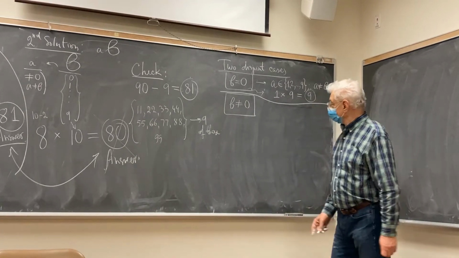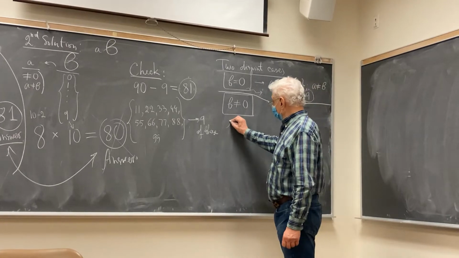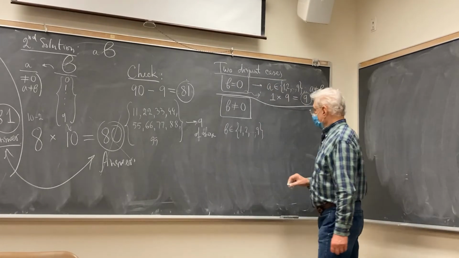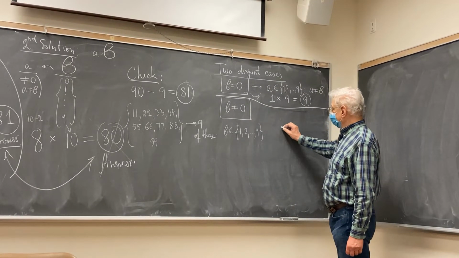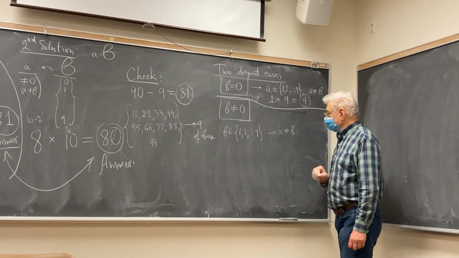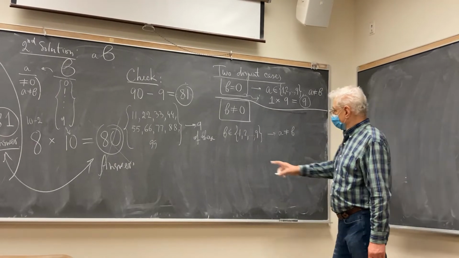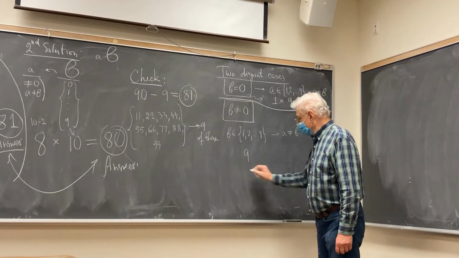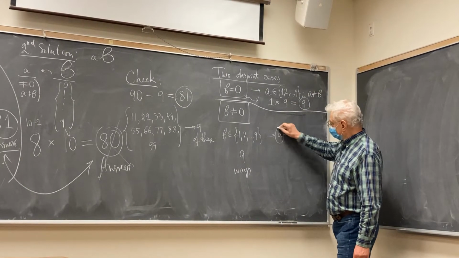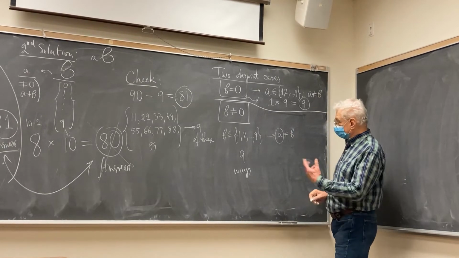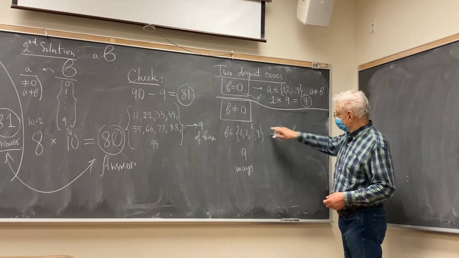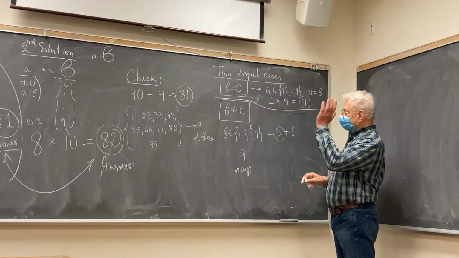Second case, B is not 0. So therefore, what is B? B belongs to the set 1, 2, and so on up to 9. And after that we go to A, which is not equal to B, right? So for B you have 9 possibilities, 9 ways. But for A now, how many possibilities do you have? If I choose some B here, then A is not equal to B. So therefore this possibility I have to remove.